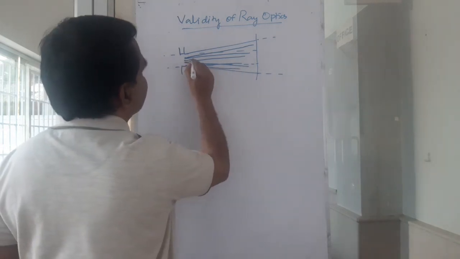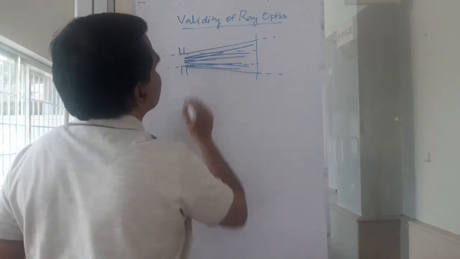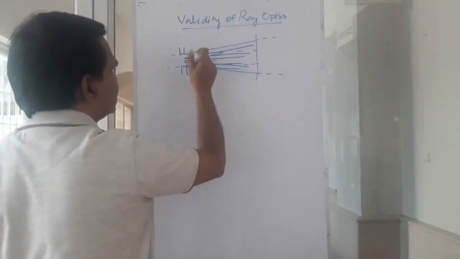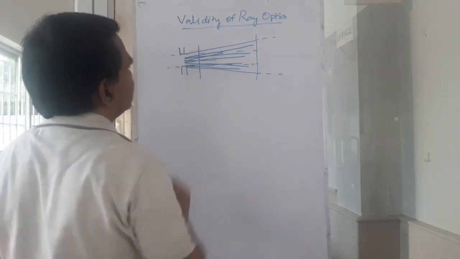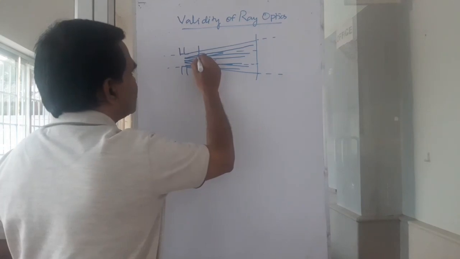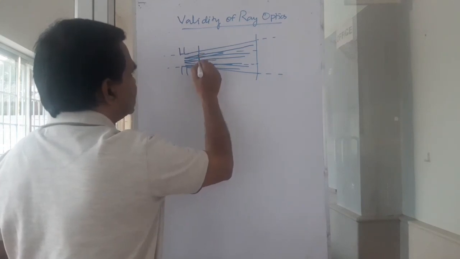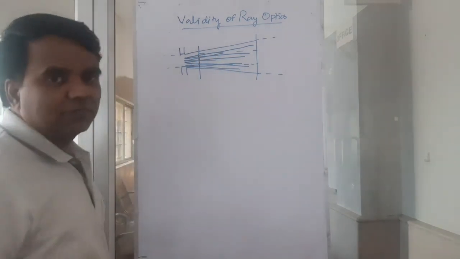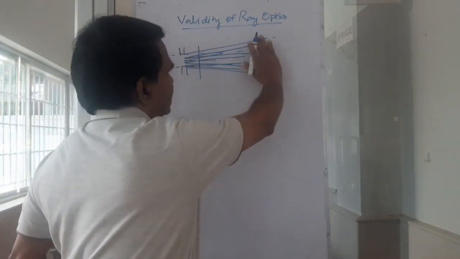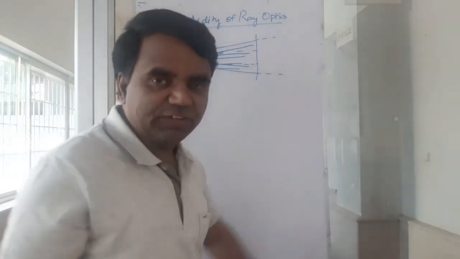Take this point, flare out like that. You see, if I bring it closer and closer and closer, there will be some distance where this has become separate. Whereas if I move it away, if I go further, then they start interfering.